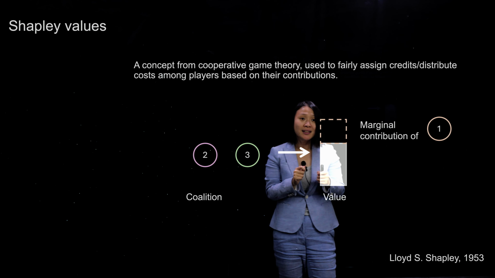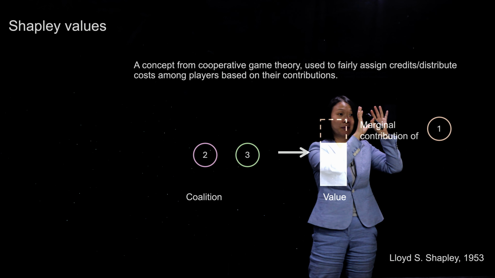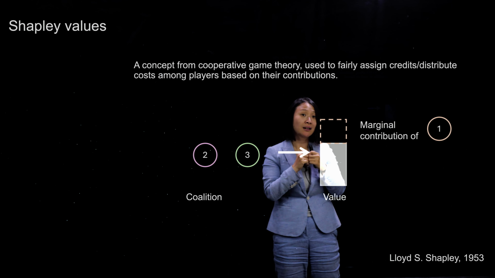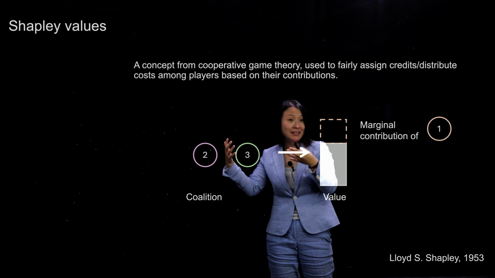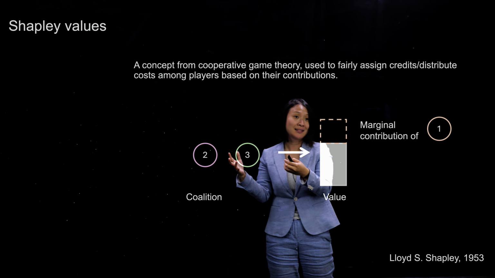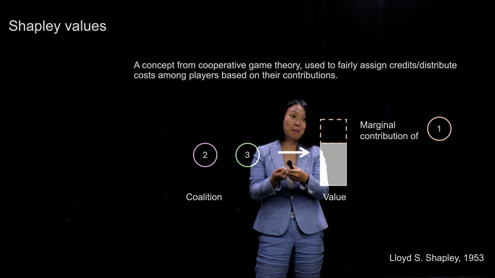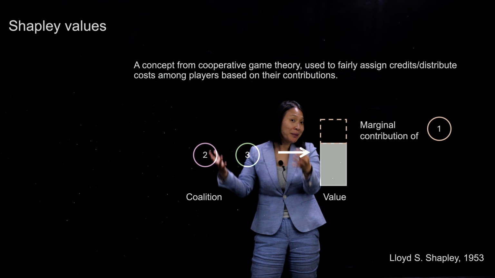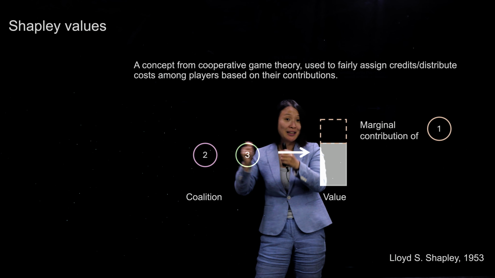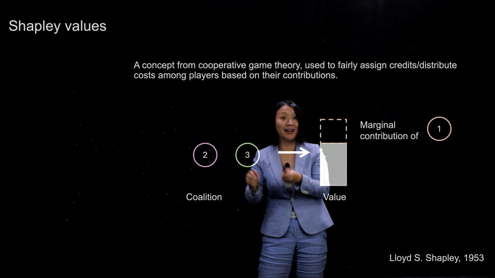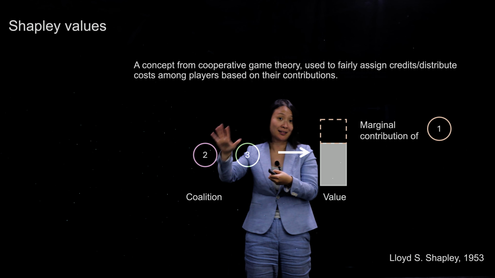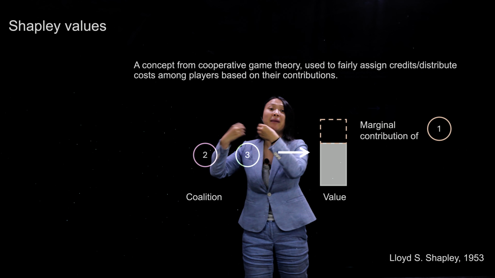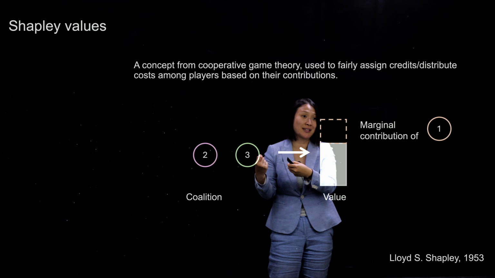In addition to considering the marginal contribution like this, we also need to consider that there are interacting factors among the players. So the total amount of the contribution of players 2 and 3 may not be simply the addition of the individual contributions, because when player 2 is in the same coalition as player 3, it may have extra contributions.